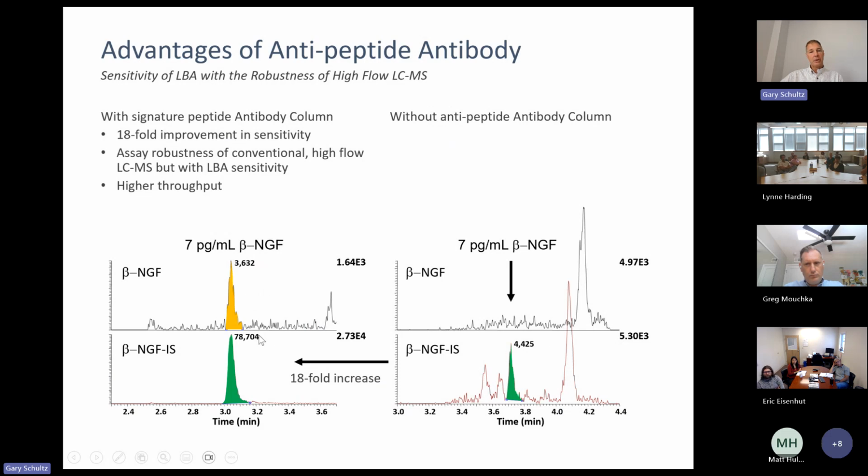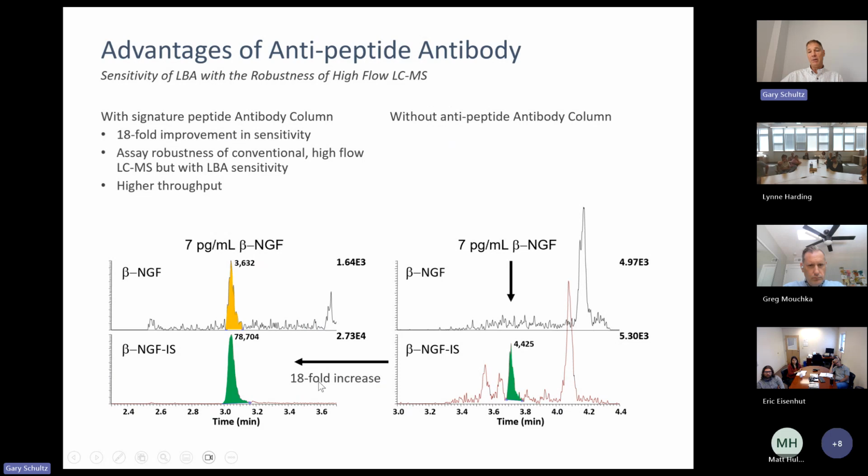And what I'm showing here on the left panel is the signal to noise ratio obtained when using the antipeptide column, and on the right is showing the same samples injected without use of the antipeptide column. So if we just took the protein and digested it off of the bead, this is the result we would get.